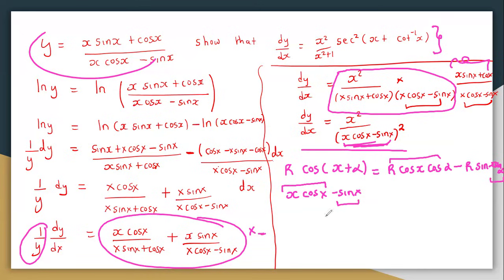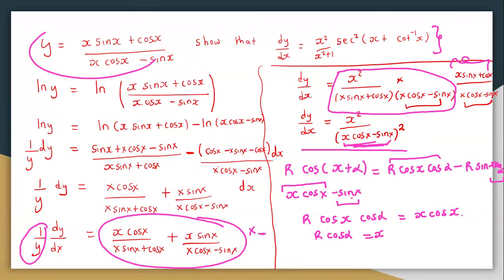Hope you remember how you were using your thing. When I relate, I'll have r cos x cos of alpha is the same as x cos x. These two coses cancel, so I remain with r cos of alpha equals x.